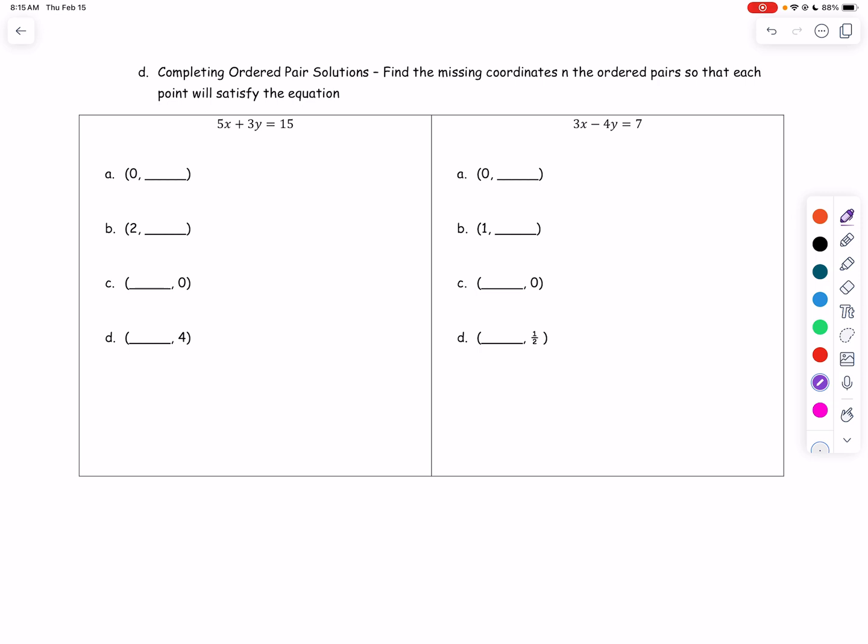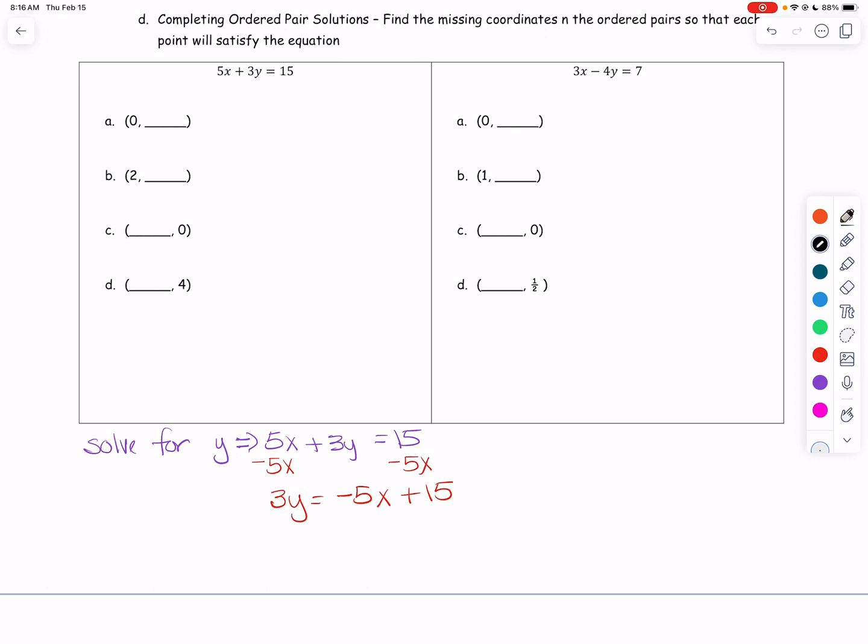If I do this, solve for y. So I have 5x plus 3y is equal to 15. So I'm going to subtract 5x. So now I get 3y is equal to negative 5x plus 15.